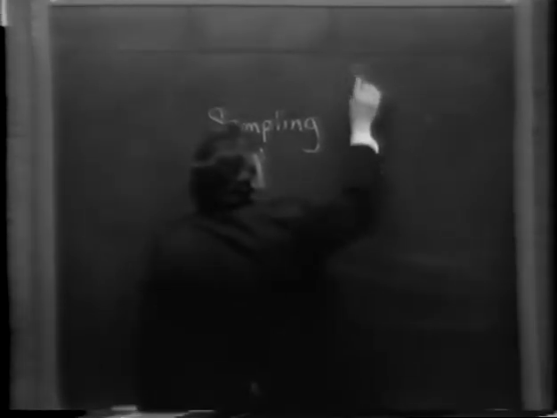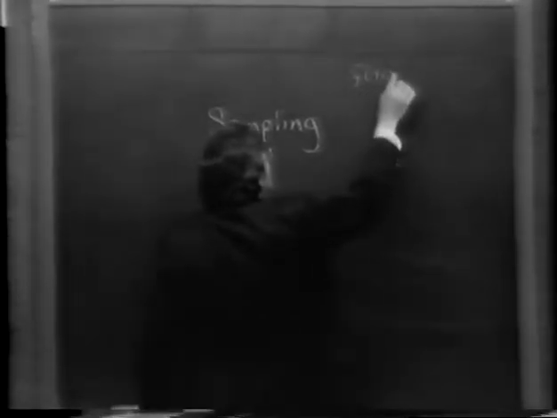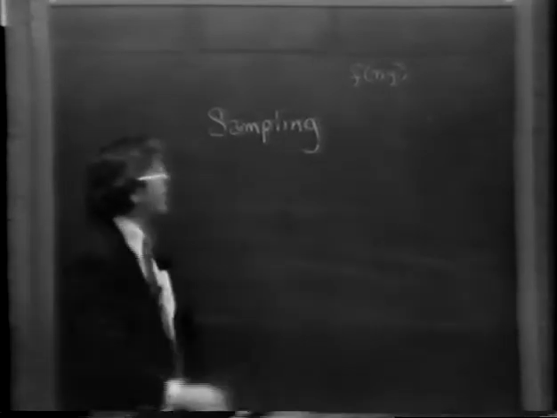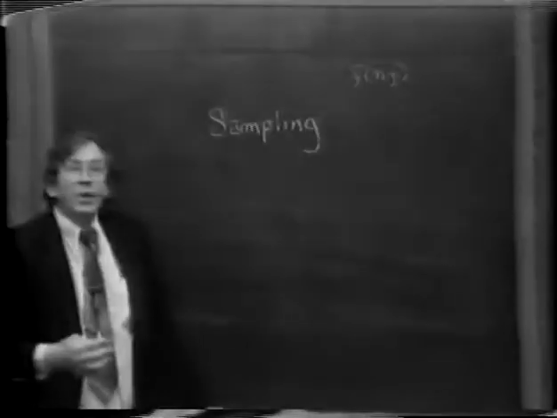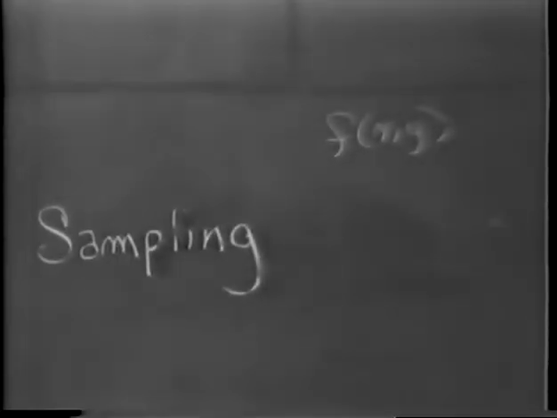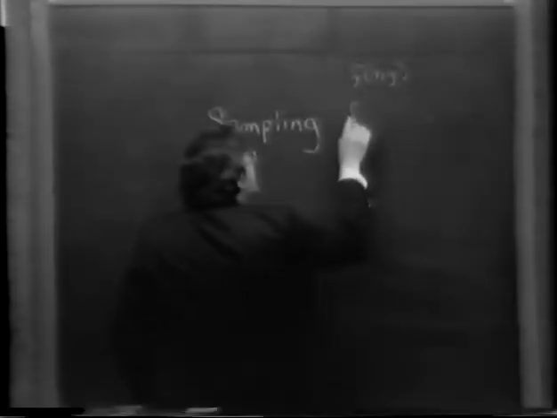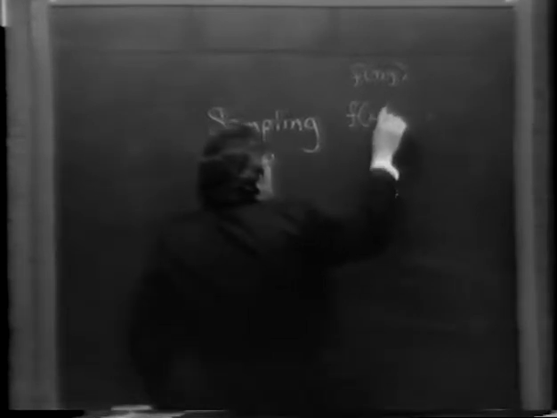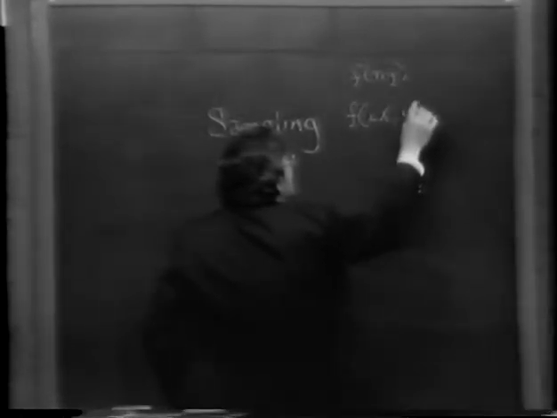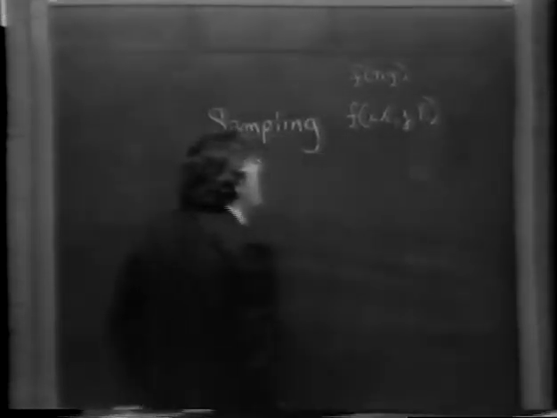If we have a continuous image function f of xy to start with, there's really no way we can process that in the computer. We could process it on an optical bench or with an optical system, but it's impossible to store an infinite number of points in any of the finite memory spaces that we have available now. So what we will typically do is digitize the picture and perhaps store a representation f of ix and jy.